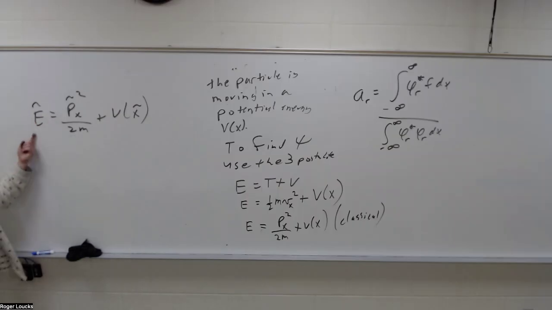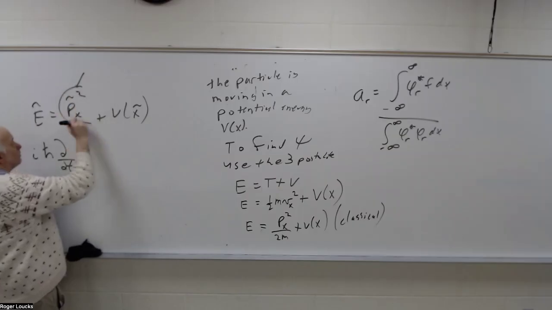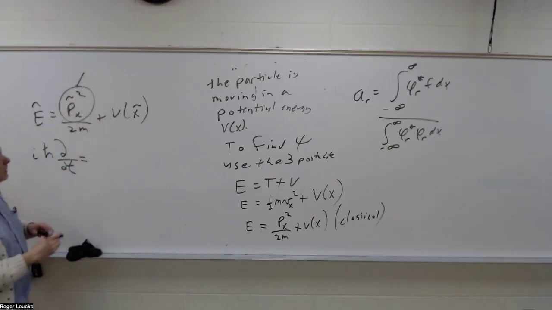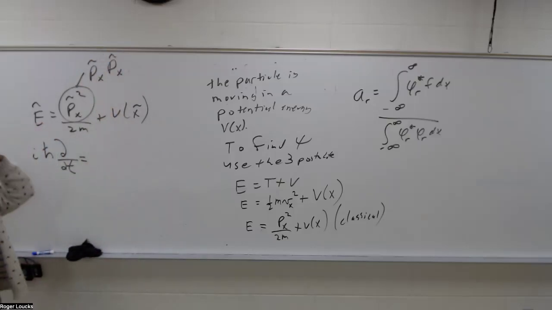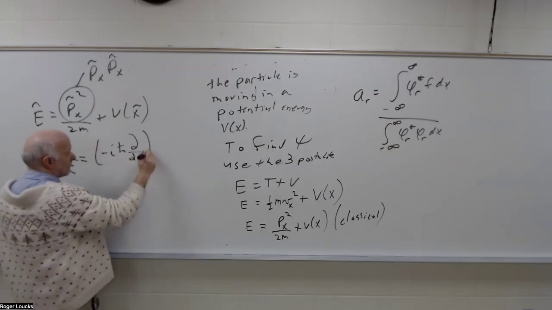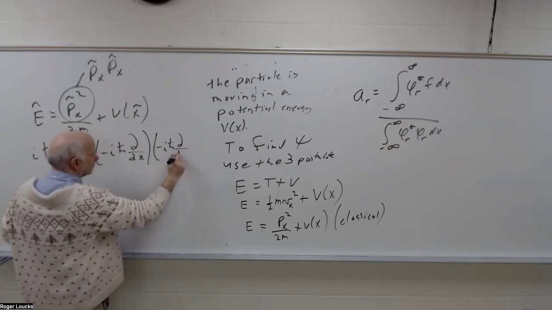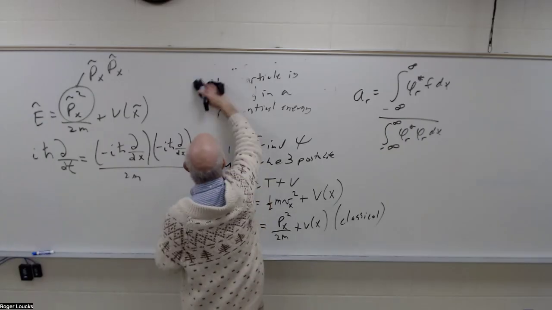Okay. So what does this go to? i h bar partial with respect to t equals. What does p_x squared mean? Yes, this is p_x acting on p_x. Okay, what does p_x go to? Minus i h bar partial with respect to x, and it has to act on minus i h bar partial with respect to x, all over 2m. What does x hat go to?